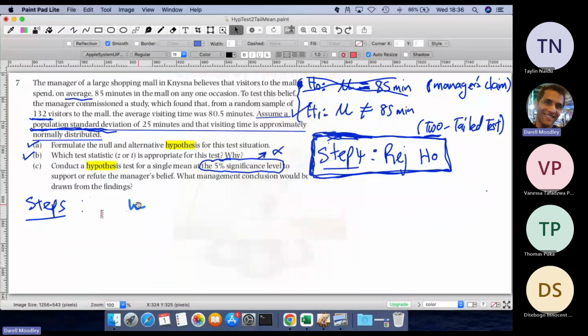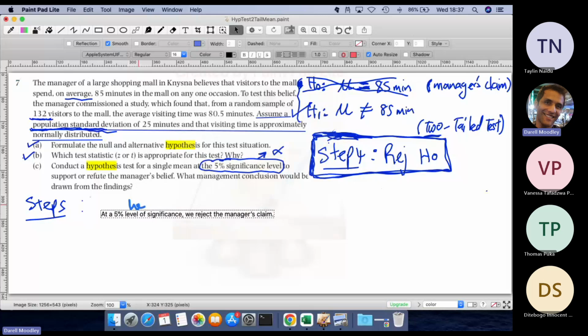Whenever you state your conclusion, always say at whatever your significance level is, and in our problem it's 5%. So at a 5% level of significance, we reject the manager's claim.